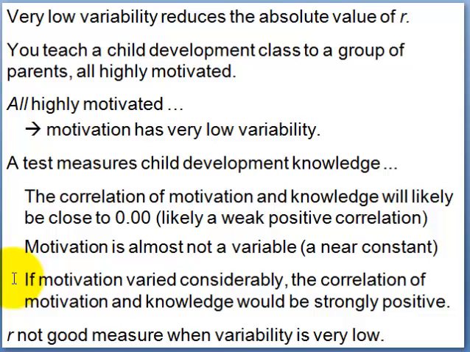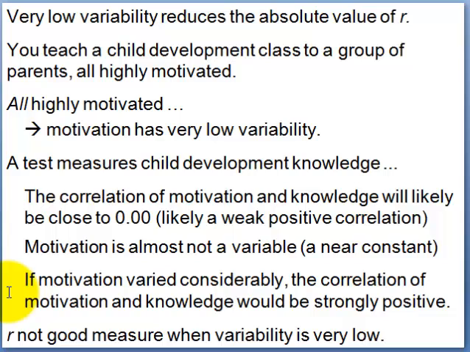Now, if you were teaching a class and there was within that class a large amount of variability with respect to motivation, in other words, some low motivated, medium motivated, and some highly motivated people, in that situation my best guess is that you would find a strong positive correlation between motivation and knowledge. The people who are highly motivated would gain greater knowledge than those who were not.